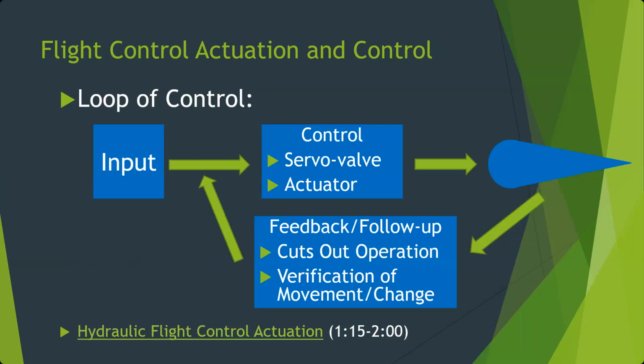It's an actual pressure sensor downstream that sends a signal back confirming that the pump came on. Same thing with flight controls in the servo actuator. On the mechanical flight control, this loop of control is built into this mechanical linkage right here. That's what's happening between this arm with the centering mechanism and the actual control valve, based on where the input is. That'll be the loop of control there.